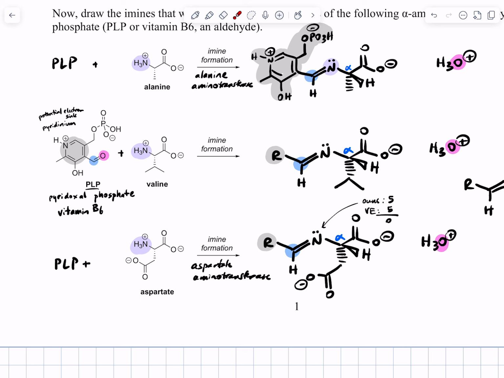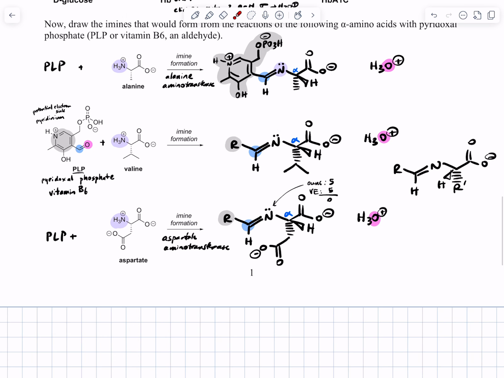I'll show you the next step of the mechanism. The goal is to remove the amino group from the amino acid and take it somewhere else. So right now you don't know where we're going. I haven't shown you the final products of the reaction. We'll review that a little bit.